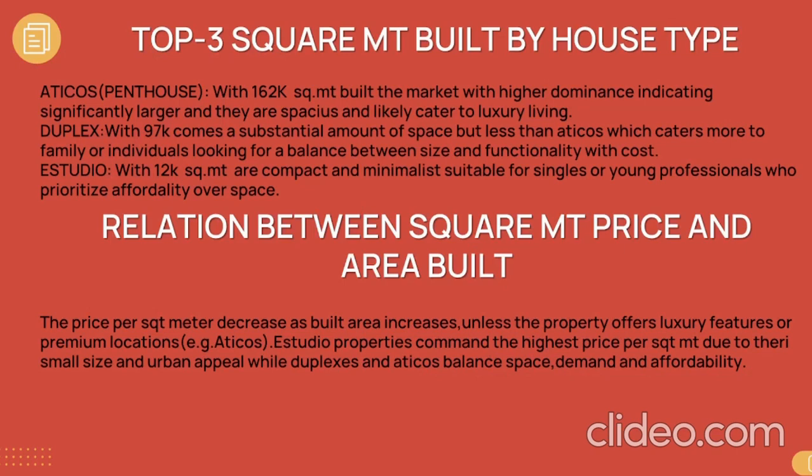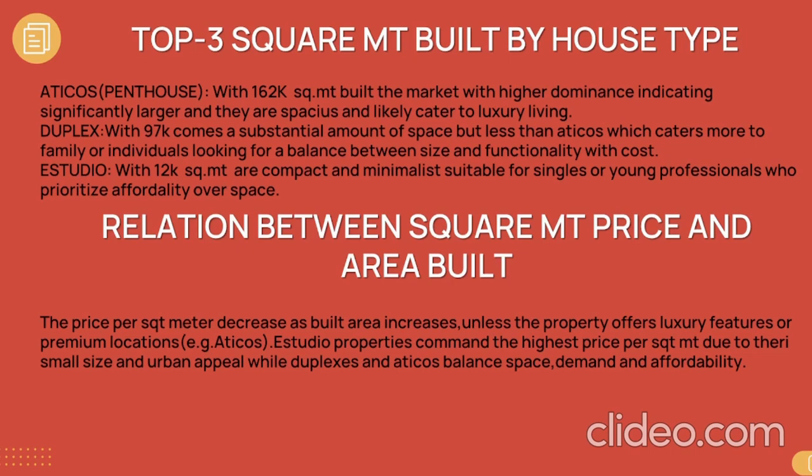I have also analyzed the top 3 square meters built by house type, in which I have shared that the price per square meter decreases as the built area increases, unless there are luxury features or prime locations involved. For example, in atticos penthouses, almost 162,000 square meters built dominate the market, which indicates they are significantly larger, more spacious, and likely cater to luxury living.